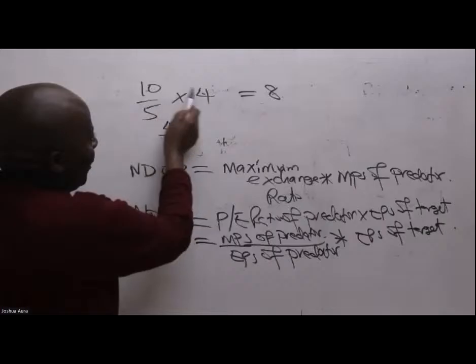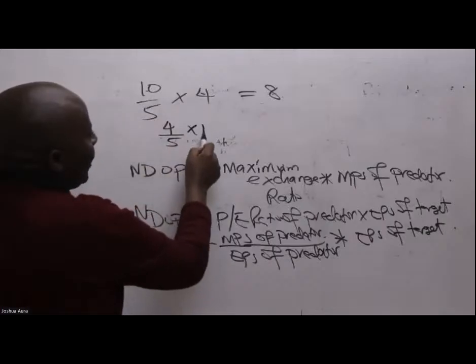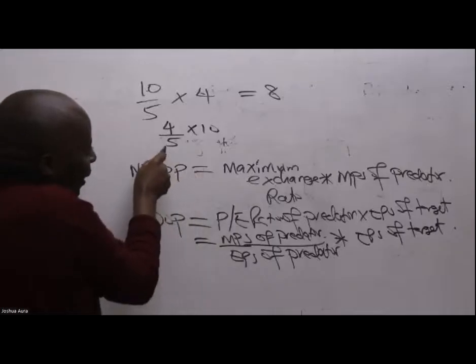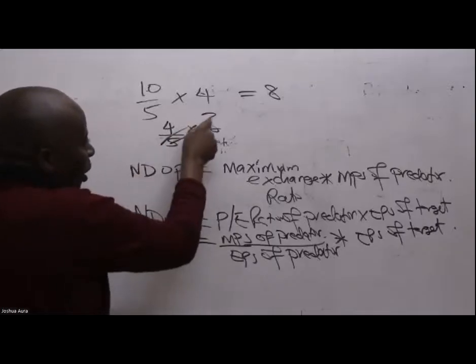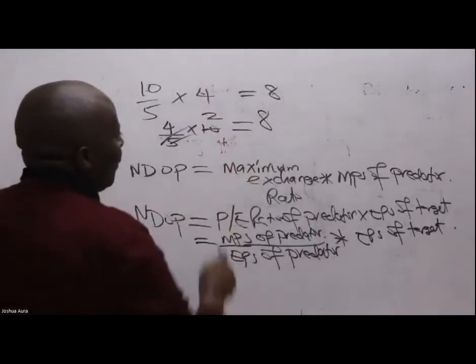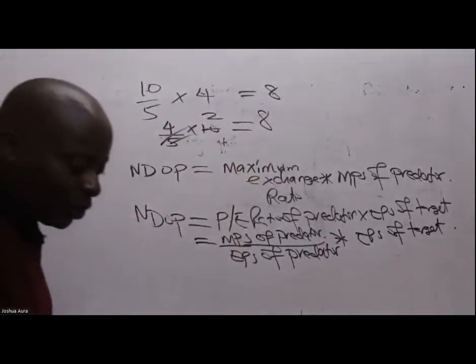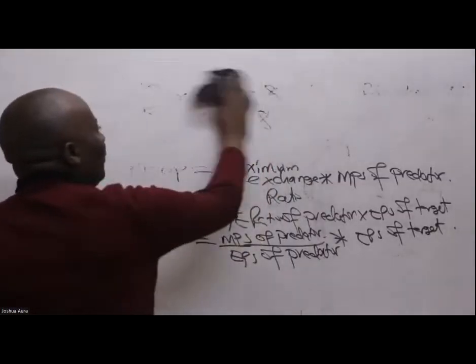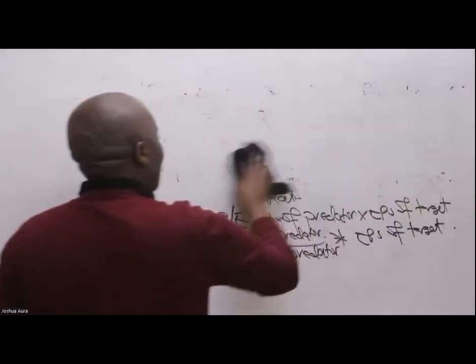I'm just swapping the numbers. This is still okay because in multiplication, it still gives me 8. This is very correct in terms of algebra.